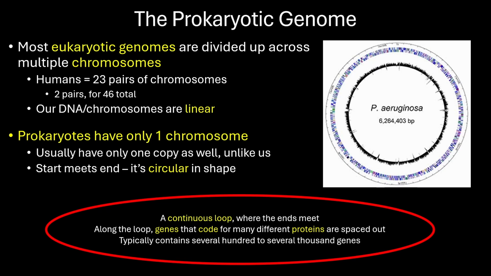Now, most eukaryotic genomes are divided up across multiple chromosomes. Okay, so a chromosome is just a large region of DNA, usually a very distinct chunk of that DNA. Now, humans, being eukaryotes as we are, we have 23 pairs of chromosomes. So 2 sets of 23, 46 in total.